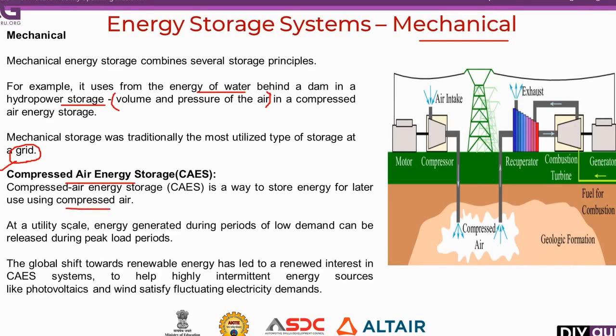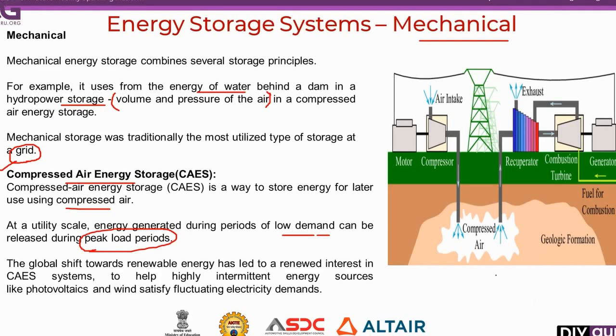At the utility scale, the energy generated during the periods of low demand can be released during the peak load period. So here, during the low demand time, this compressed air is stored, and during the peak load period, the stored compressed air is utilized to meet the demand.